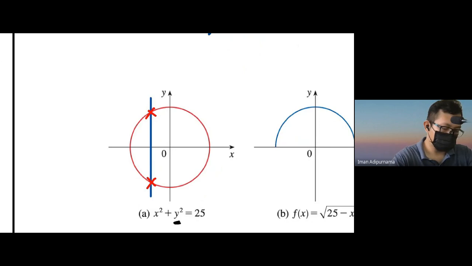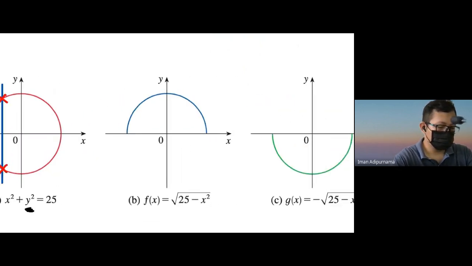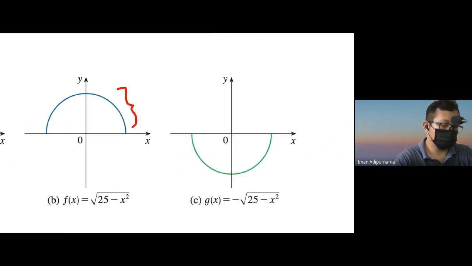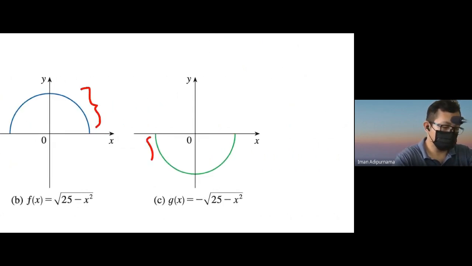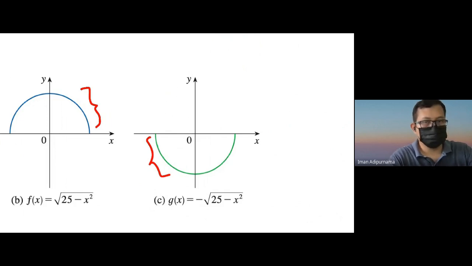For example, we can set y in terms of the square root of 25 minus x squared, which is the whole thing above the x-axis, or the negative part of it, right here.